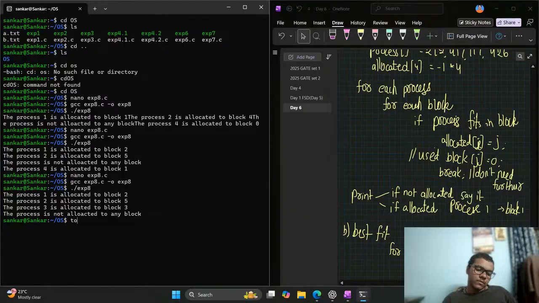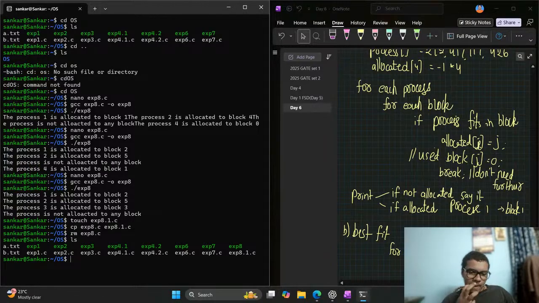So touch experiment 8.1.c. CP experiment 8.c to experiment 8.1.c, RM experiment 8.c, LS.